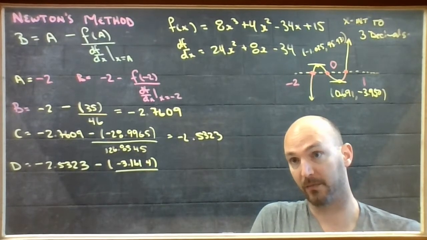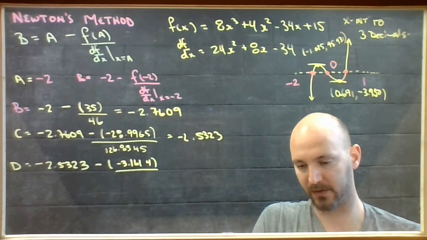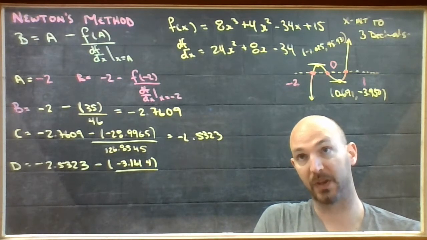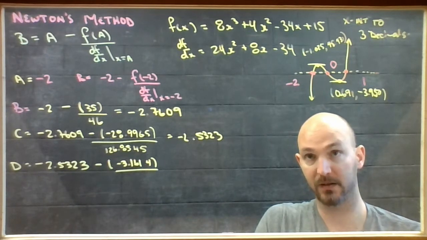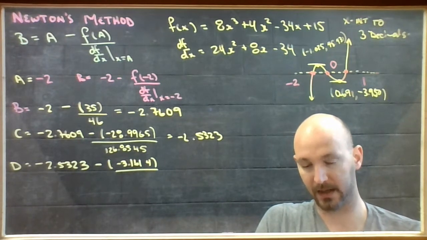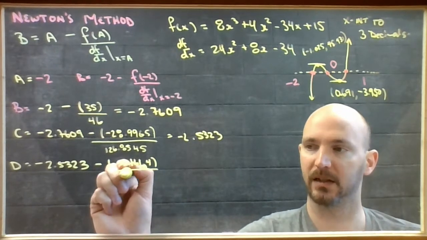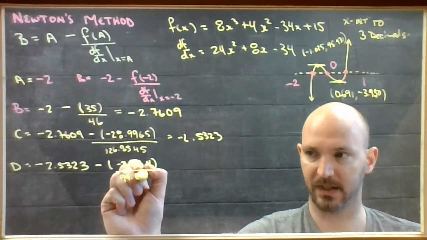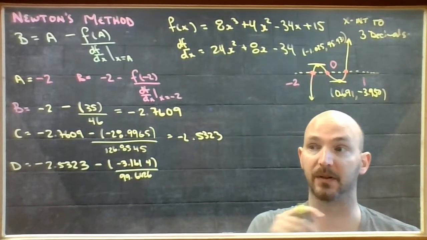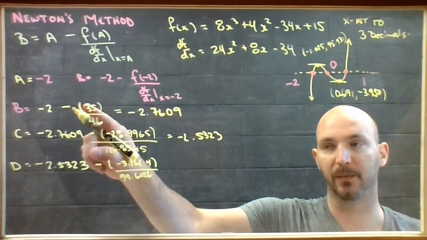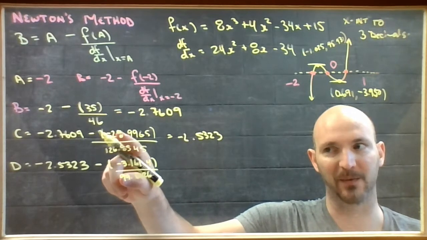And my last guess, 2.5323, put that into the derivative, 24 times that answer squared plus 8 times that answer minus 34 gives me 99.6426. Now, if you take a look at what's happened, do you notice that this number went from 35 to 28, and then all of a sudden it dropped from 28 to 3?